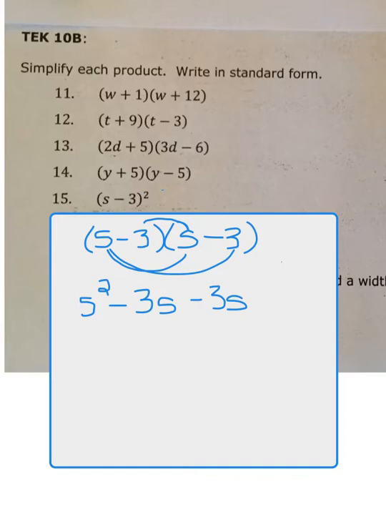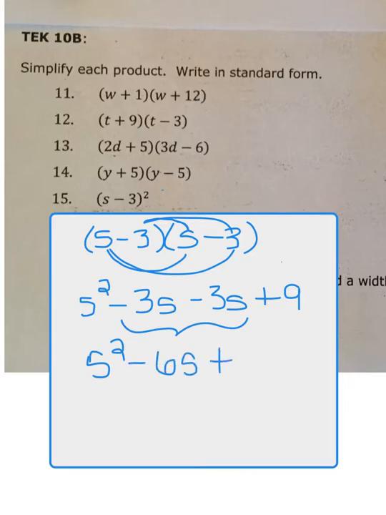And the last terms, so negative 3 times negative 3 is going to be positive 9. Go back and combine things that can go together. So s squared, and then negative 3s minus 3s is going to be a negative 6s plus 9. There we go.